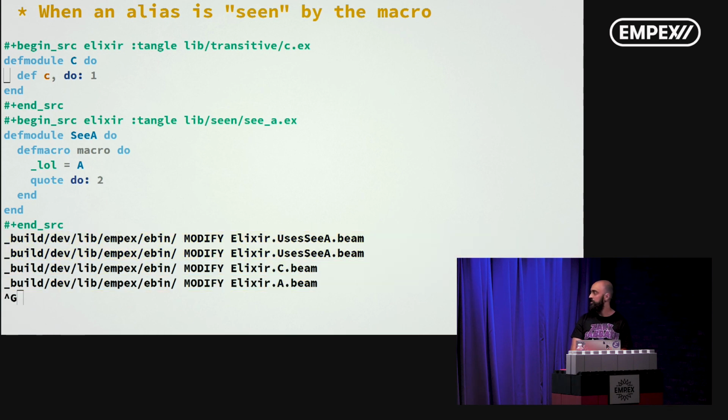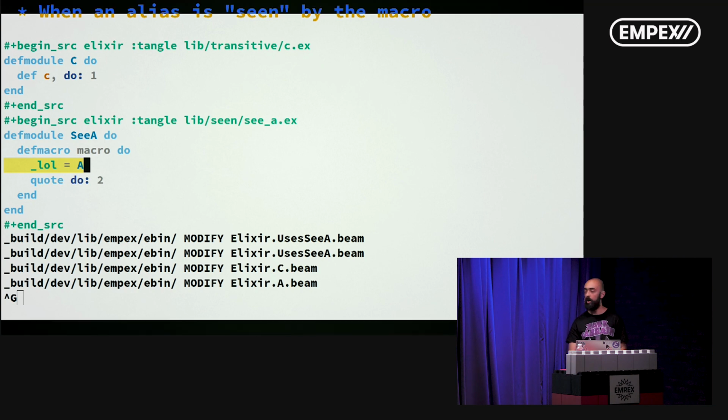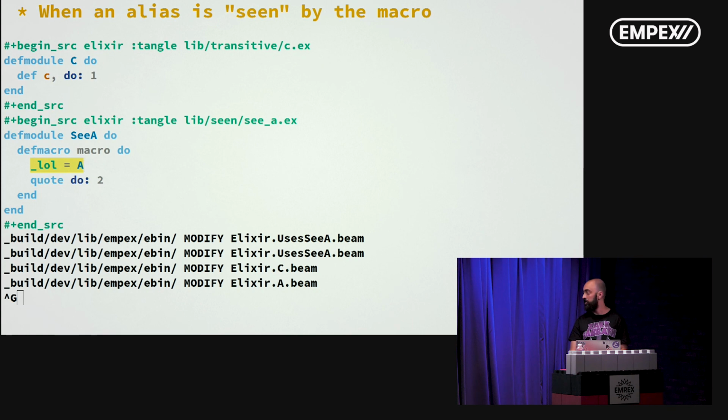So that's how the dependencies go way, way, way. Look, there's a big chain of dependencies. But as you can see, we did nothing with this. We only attributed A to a variable we didn't use.